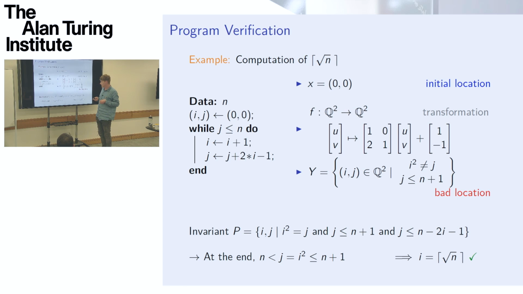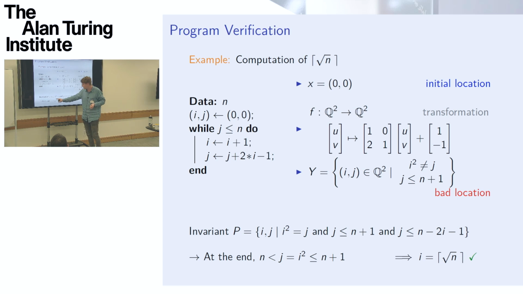The fact that this is invariant tells me that at the end of my program, sorry, I haven't done this slide in a while. If my program stops, I know that j is bigger than n, because I'm out of the while loop.